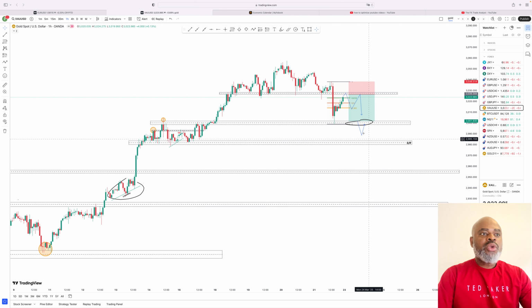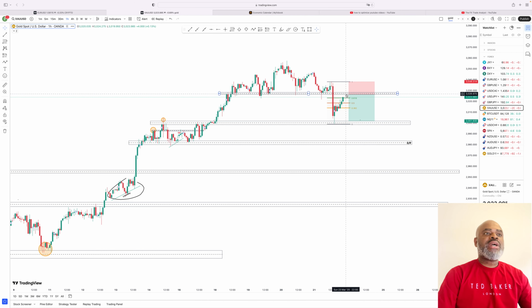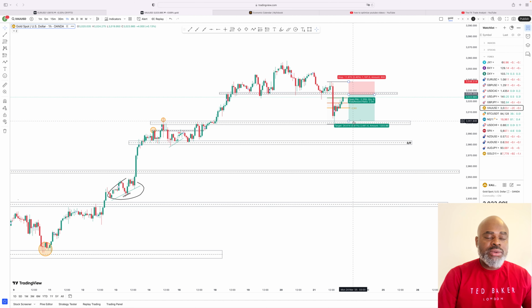But for now, what I'm very hopeful is going to happen in the coming week, like I've marked out, is gold coming to test this area of resistance, and then I'll take a trade to the downside, right?